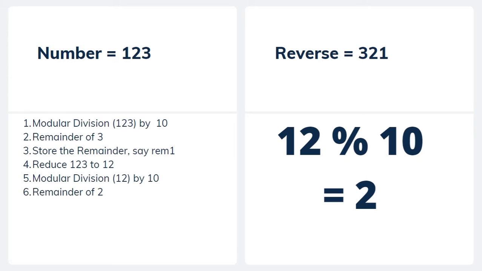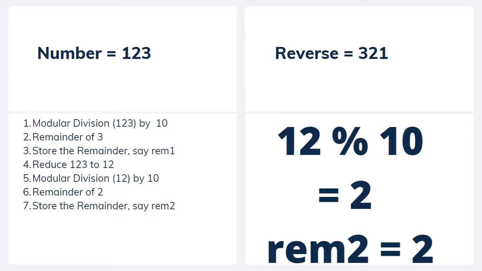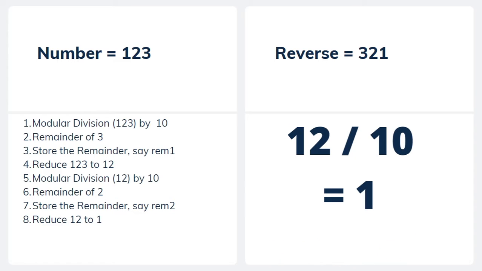After it returns its remainder value, we are going to store the remainder in a new variable. We'll give it the name remainder 2. So inside remainder 2, we have the modular division of the number 12. After we got the remainder value, we are going to reduce 12 to 1.